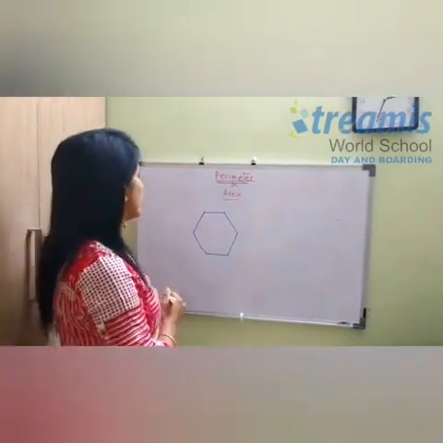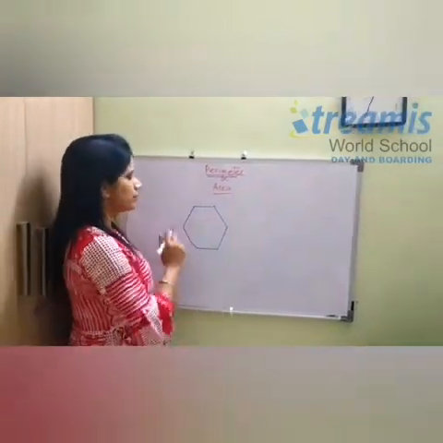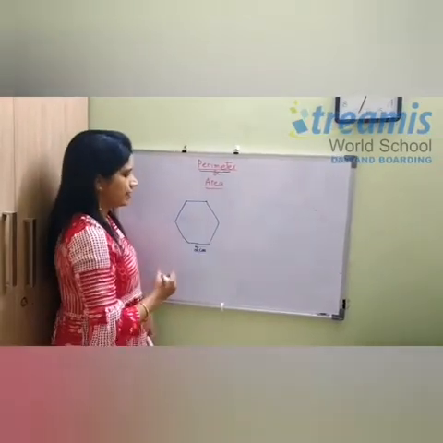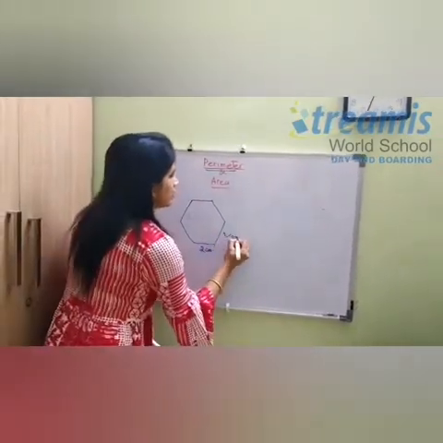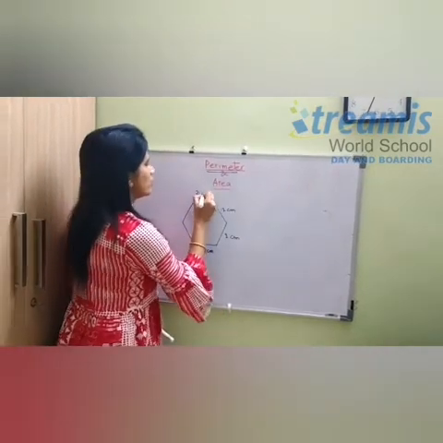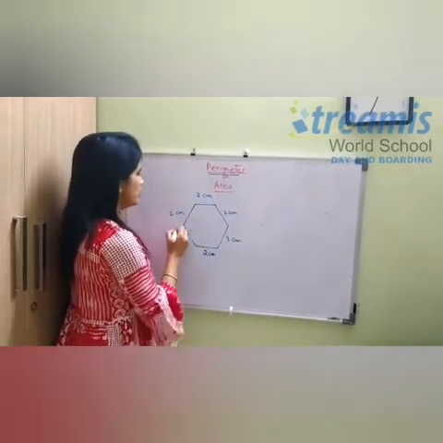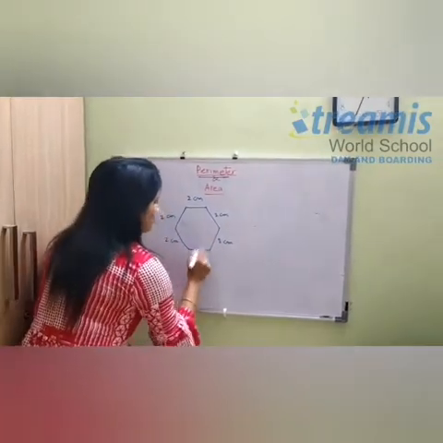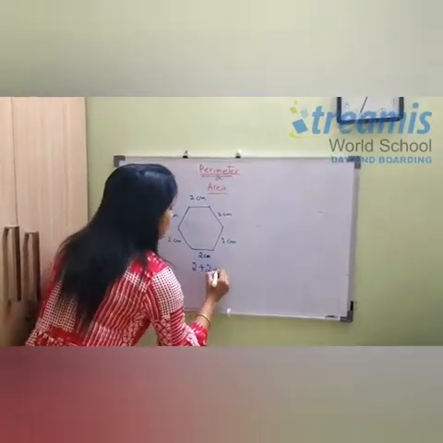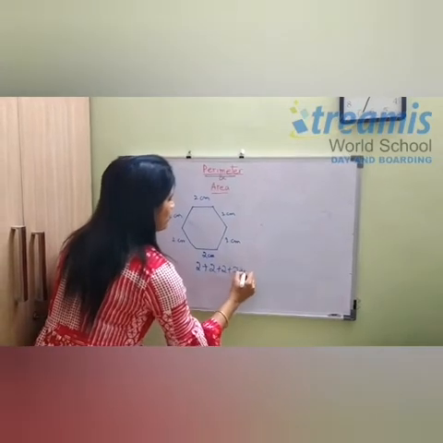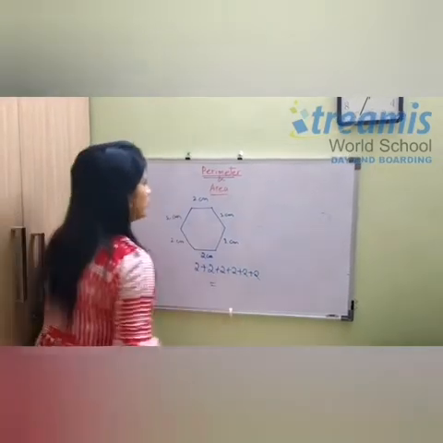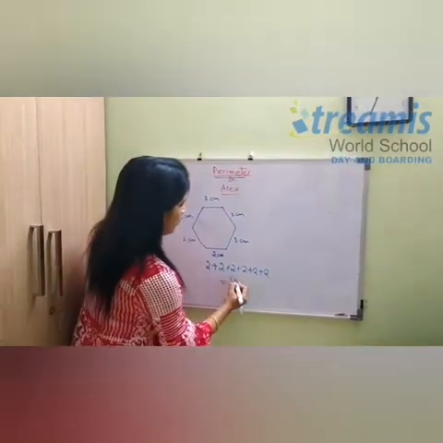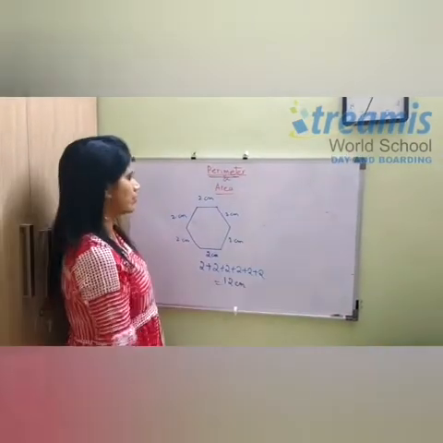So to calculate the perimeter of this particular hexagon, say we have 2 centimeters as the length of each side, then this will be 2 centimeters, 2 centimeters, 2 centimeters, 2 centimeters, 2 centimeters. So when I add up all the lengths, 2 plus 2 plus 2 plus 2 plus 2 plus 2, that will be the perimeter of this hexagon, which is 12 centimeters.